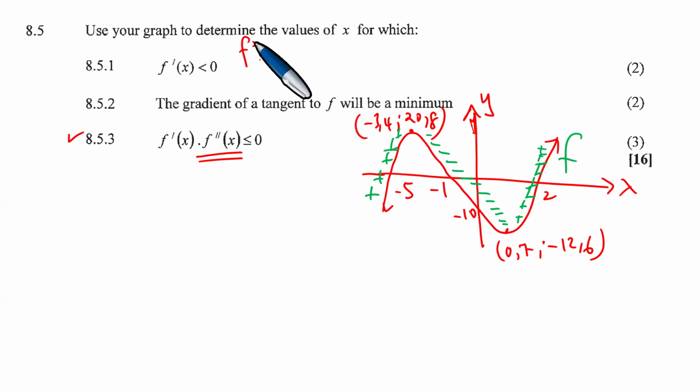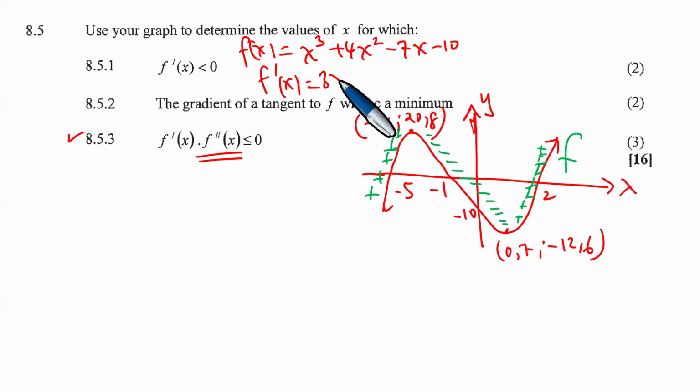The original function is f of x equals x cubed plus 4x squared minus 7x minus 10. The first derivative is 3x squared plus 8x minus 7. This becomes the first derivative. What is the second?